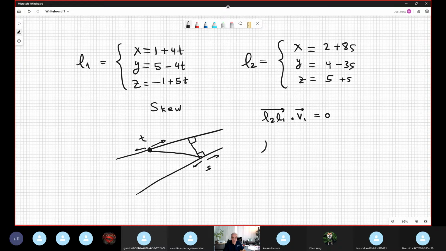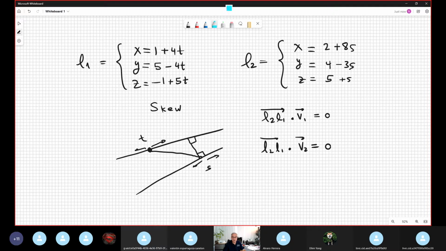And likewise, the vector L2L1 dot product b2 equals 0. So we have two equations. So who is L2L1? Well, you subtract in order to form it.